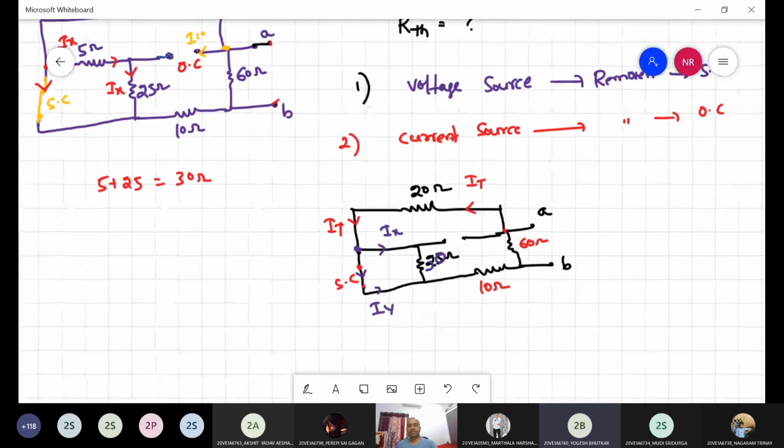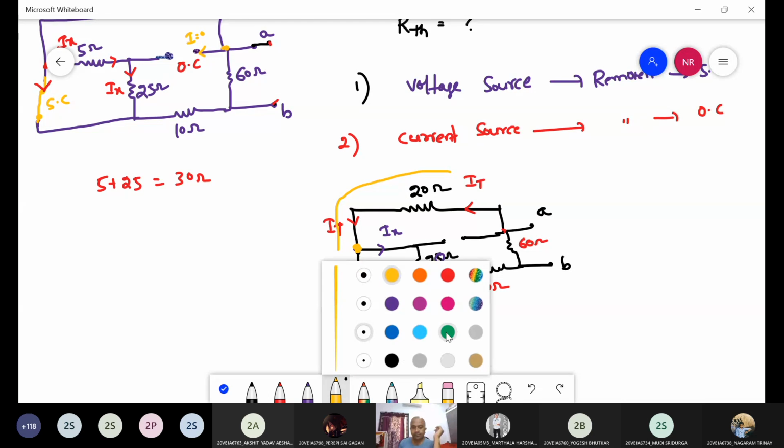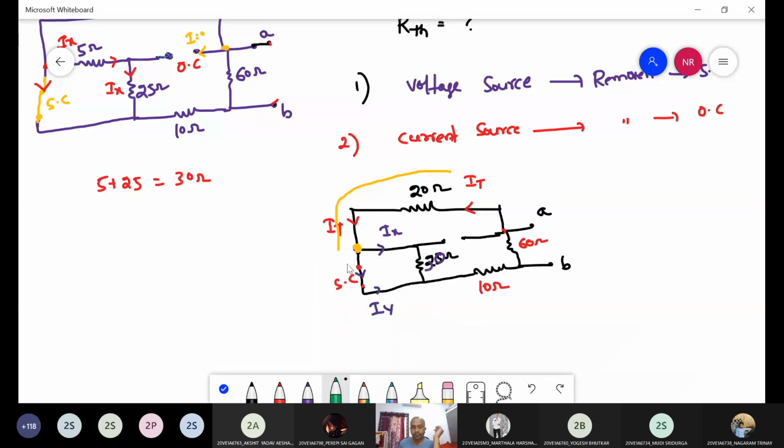That's right. So the simple thing here, please all of you just listen, try to catch my point. Whatever the current coming here in this path, here is the node point, then the current is supposed to be divided, but in this path we don't have any resistor.